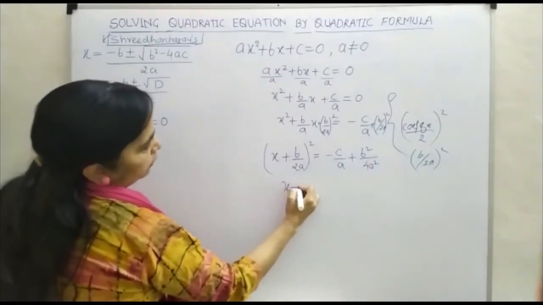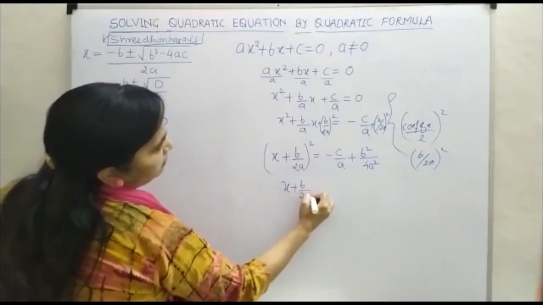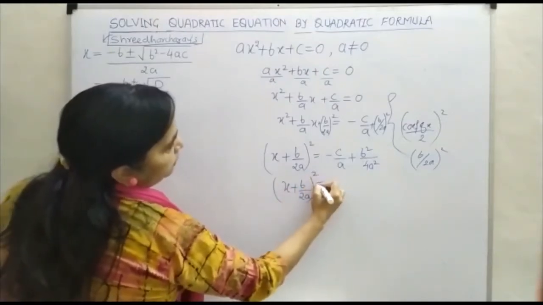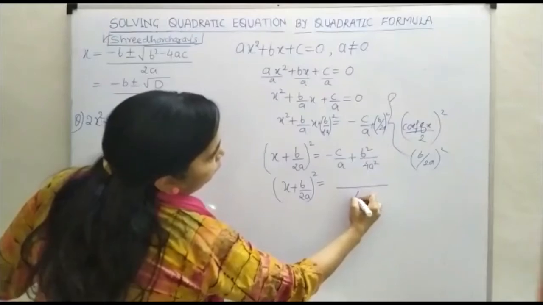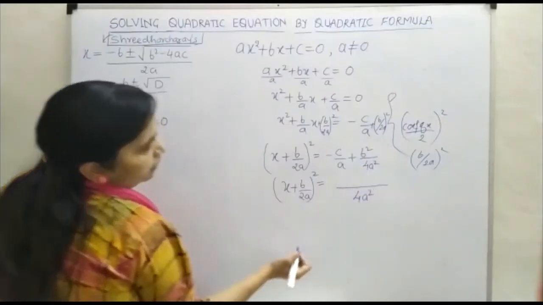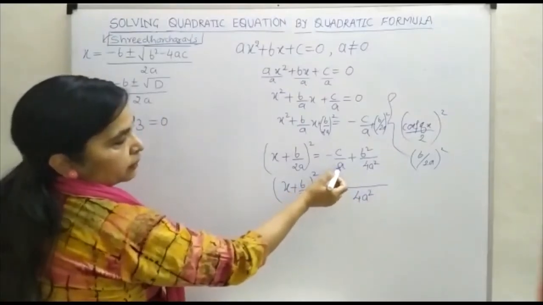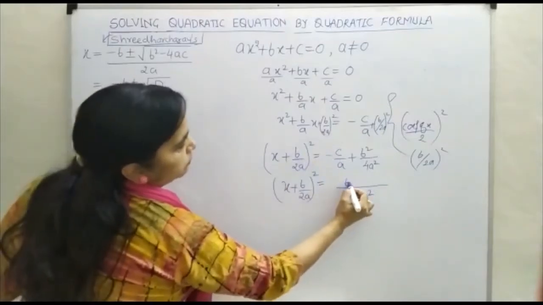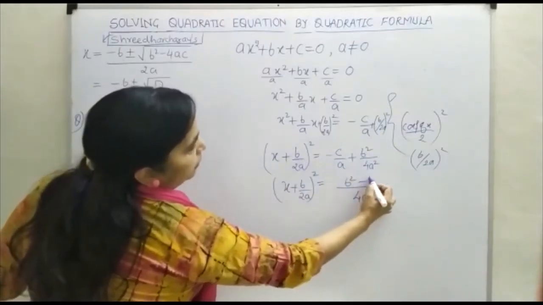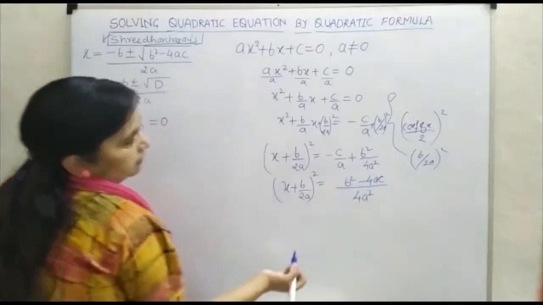Now again you can work out the same by taking the LCM. You can see here this becomes 4a square. Now you can see what you have to multiply here, that is 4a. So this becomes b square, I am writing this term first, minus 4ac.